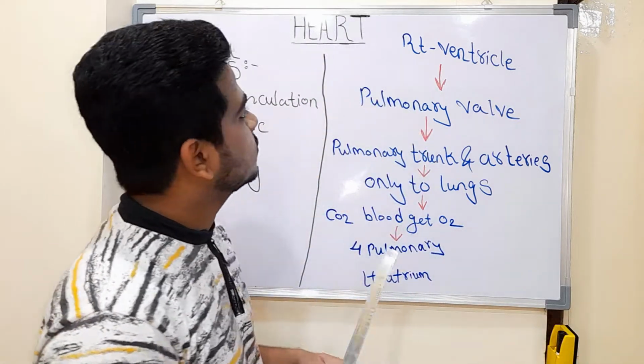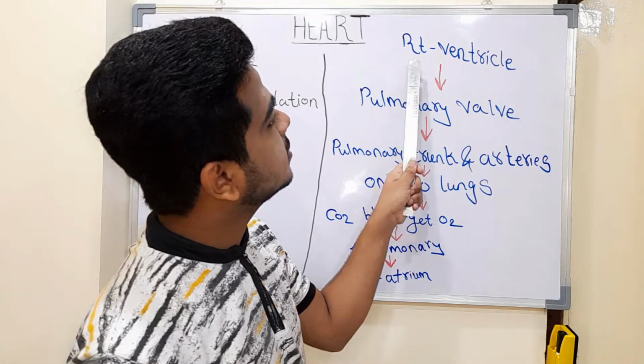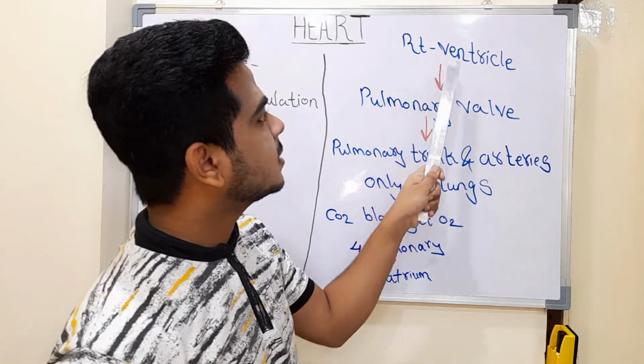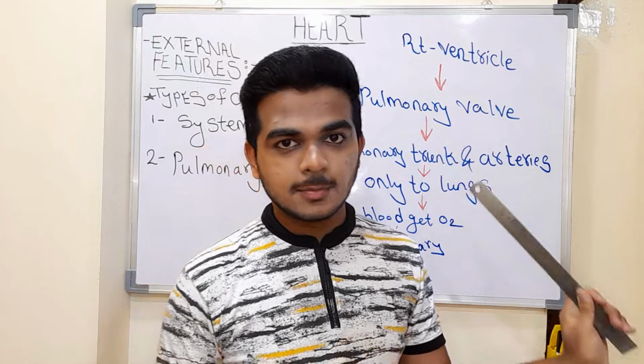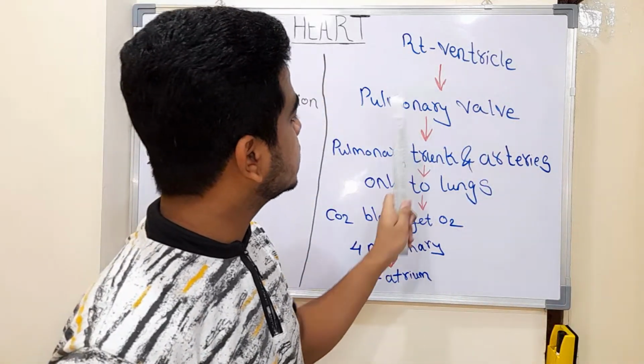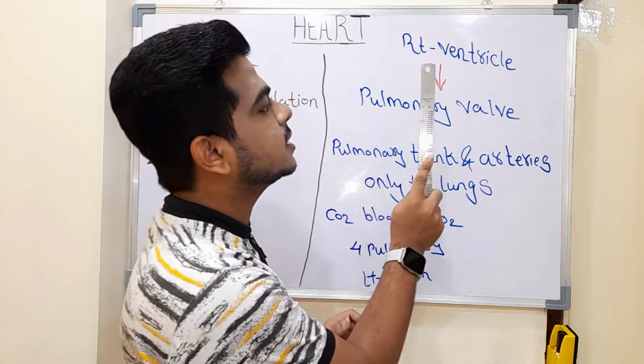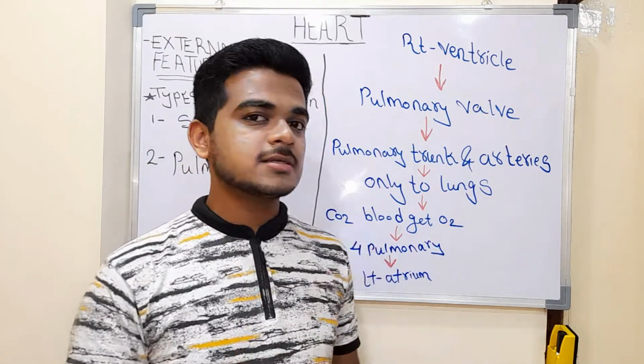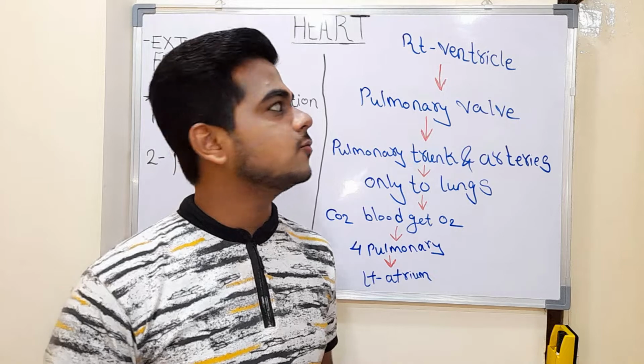From the right ventricle, the deoxygenated blood is pumped to the lungs through the pulmonary valve. The pulmonary valve has the same function, which is to prevent the backflow of the blood.